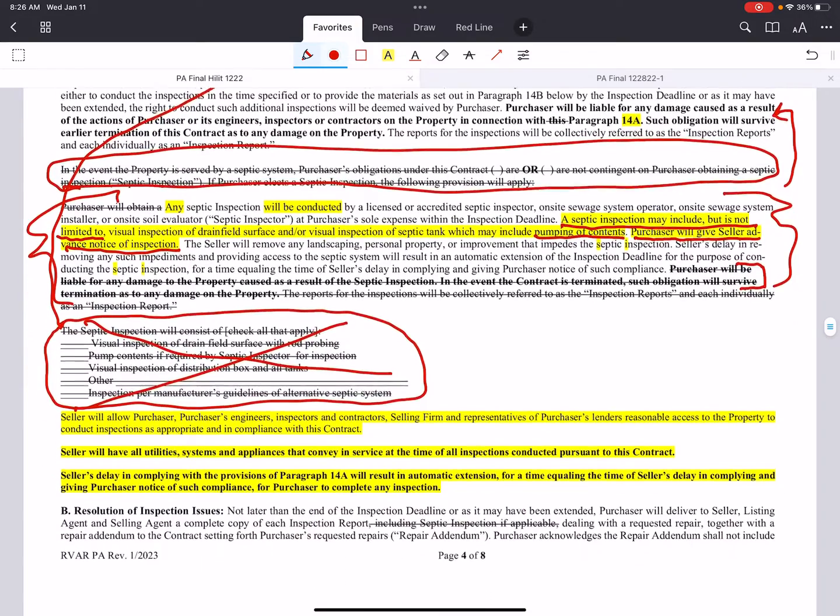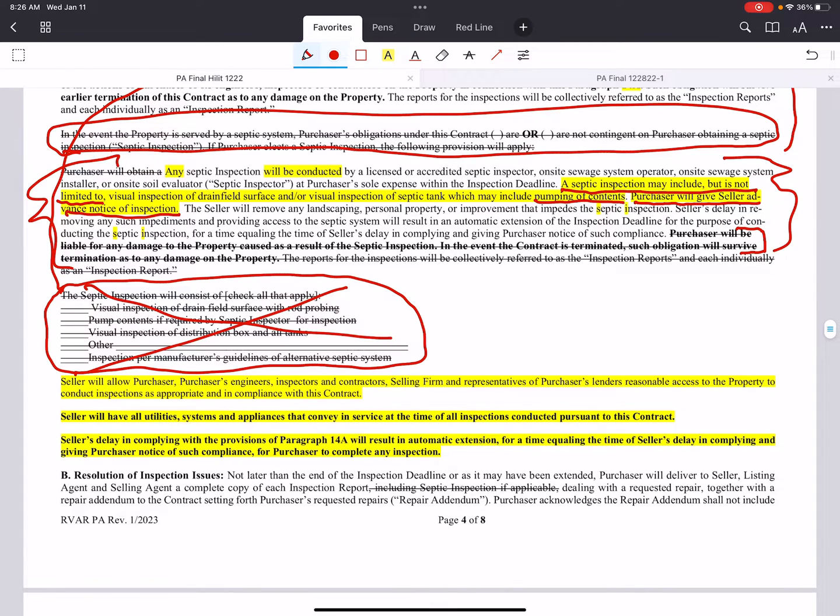You'll also note that we added in these paragraphs right here. It talks about reasonable access that the seller must grant to the purchaser's folks, whether they're inspectors or engineers or contractors. It also compels the seller to have all utilities and systems and appliances in service for all these inspections.